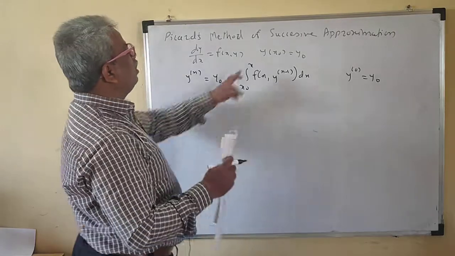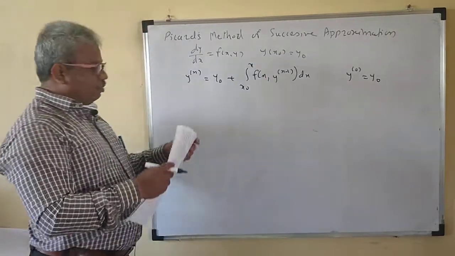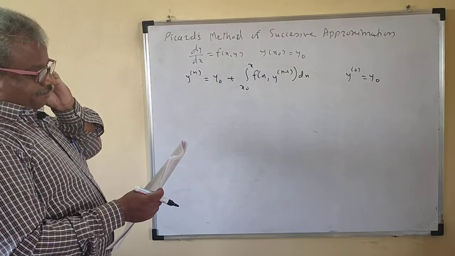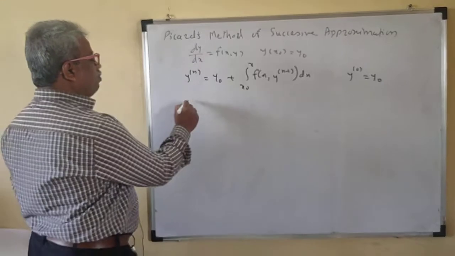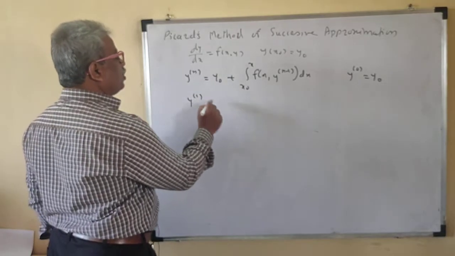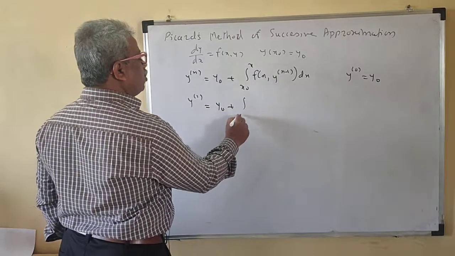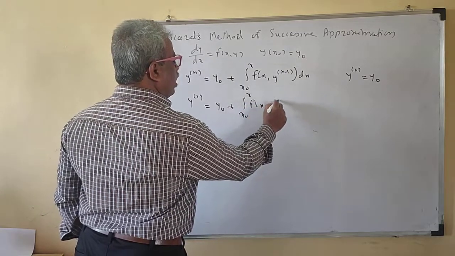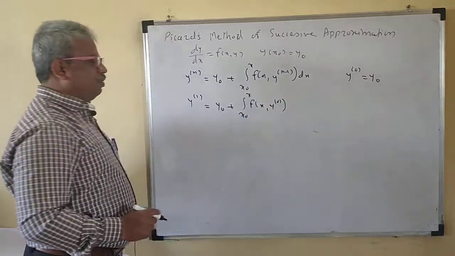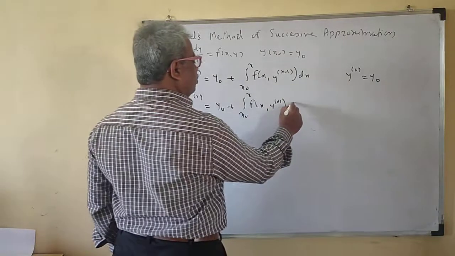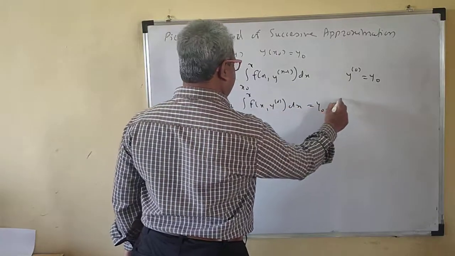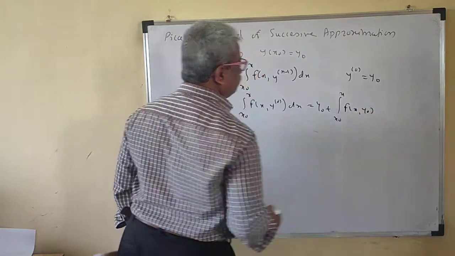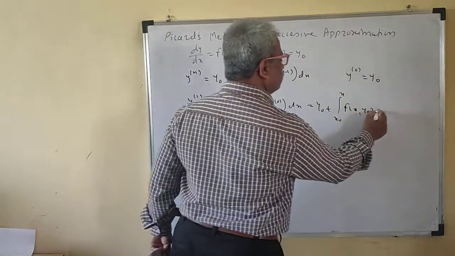Okay, so y naught is this, no problem for this one. So you have to find y1. So what is y1 then? Y1 is the first approximate solution: y naught plus integral from x naught to x of f of x, y naught, dx.